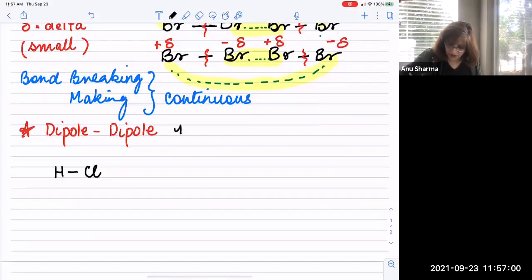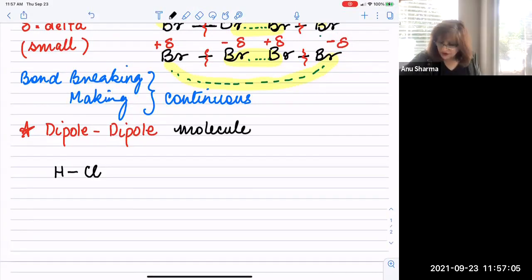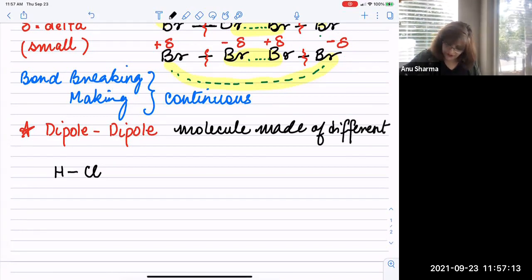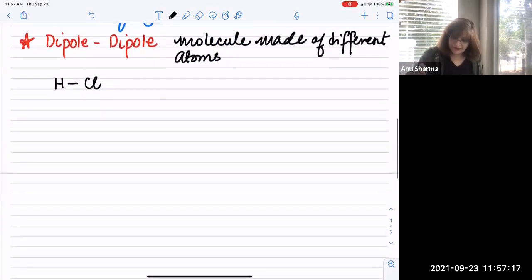Dipole-dipole happens in molecules that are made up of different atoms. So molecules made of two or more different atoms, it doesn't matter how many. So here, what is happening? In this case, hydrogen and chlorine.